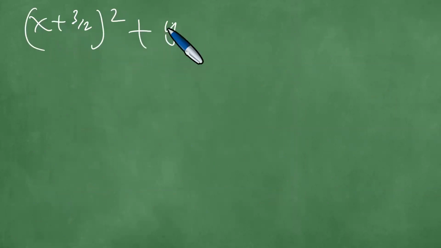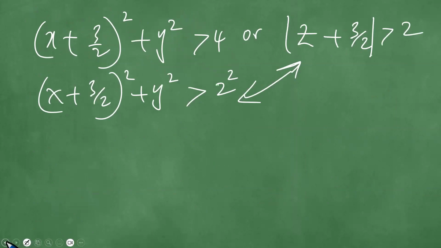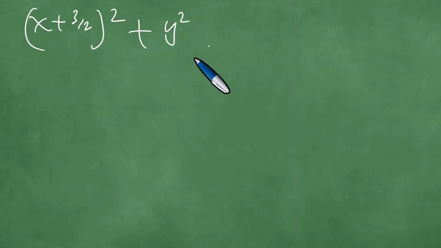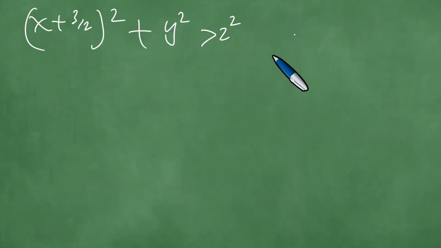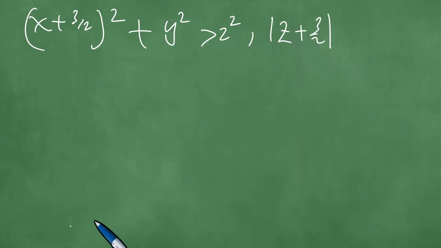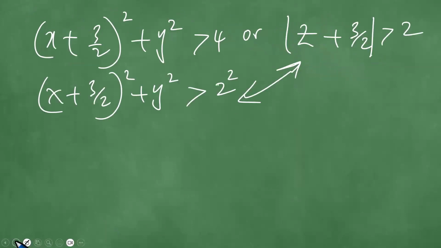So this one is plus y squared, and this is bigger than 2 squared. And this one here is the modulus of z plus 3 over 2 is bigger than 2.